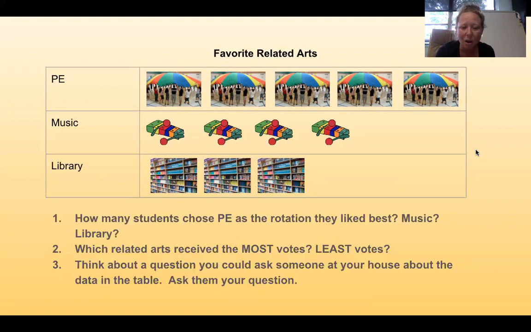Which related arts received the most votes? Which related arts received the least votes?